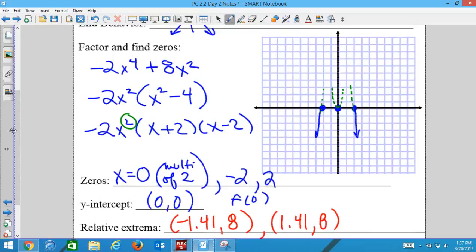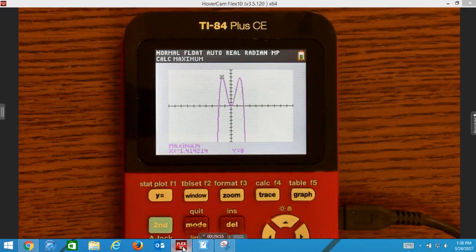So we're going to graph negative 4.418 and then positive 1.418 and try our best to make it look like it does on the screen. How do you know how high it goes? I just found it, that's what we just did, with second trace, maximum. That was the y value. So those are just points that you can plot and connect.